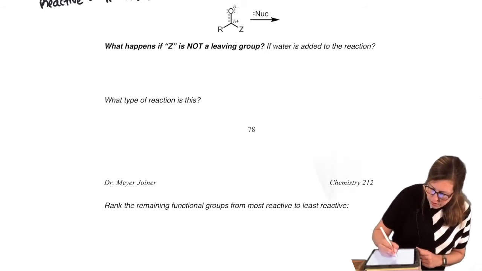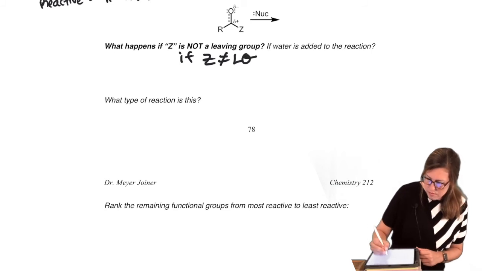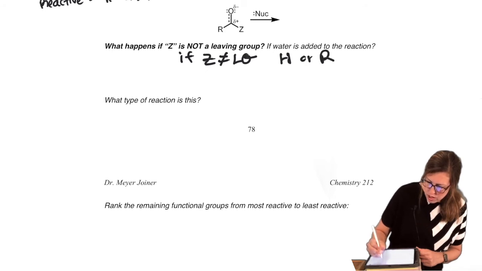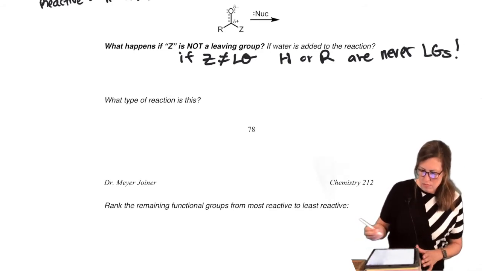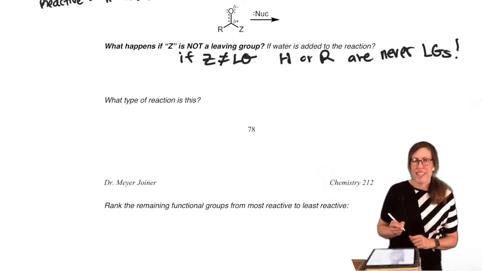So, in other words, if Z is not a leaving group, that means we have H or R. They are never leaving groups. That'll make it easy for you to remember. Okay?